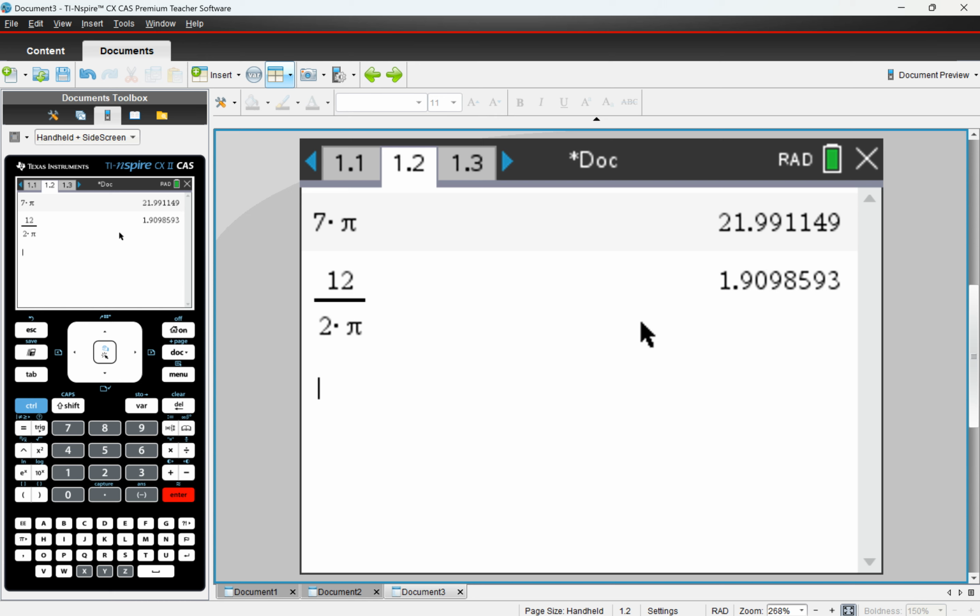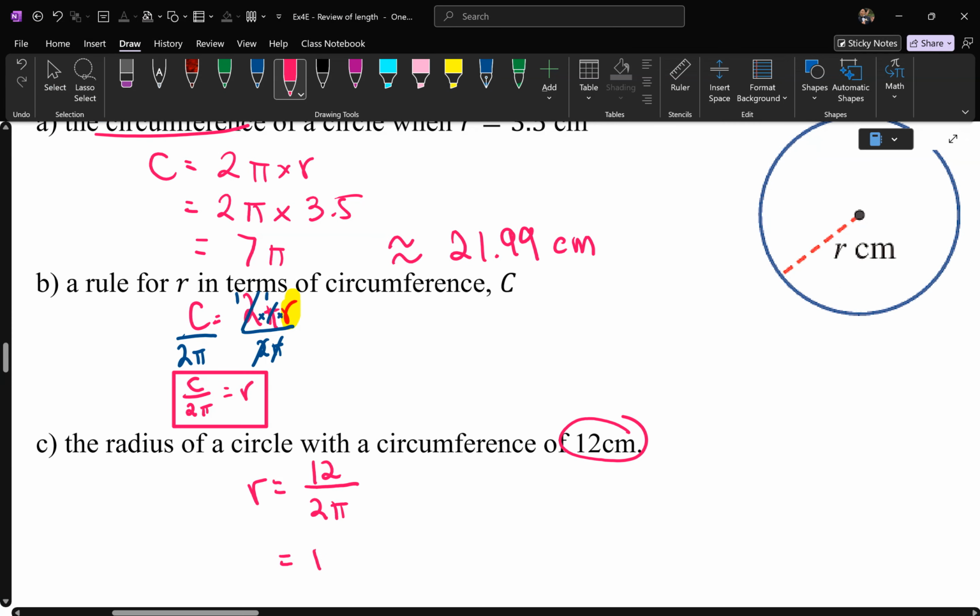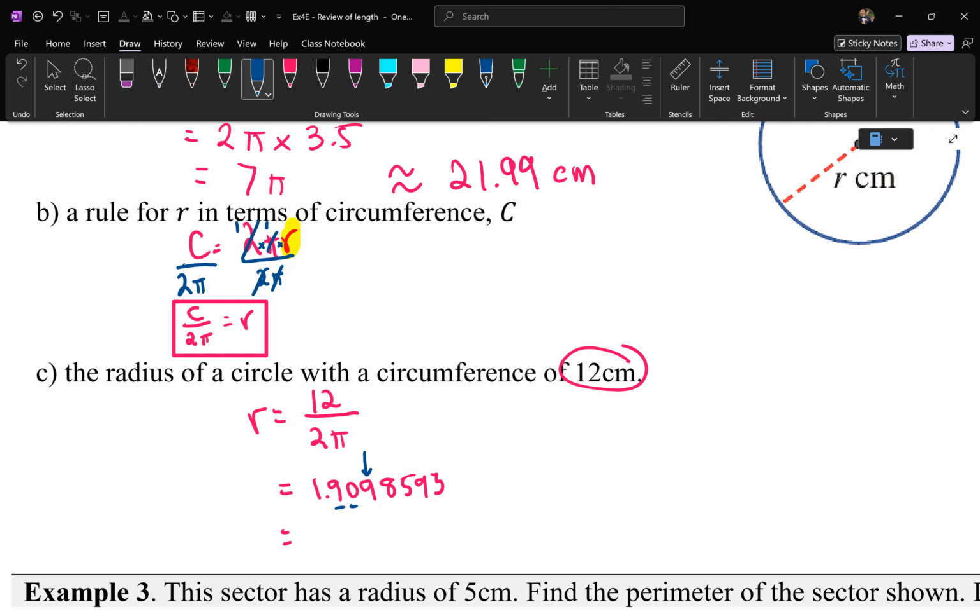So the answer is not 1.909. What is it again? It was 1.9093. The answer is rounded to 2 decimal places, keeping the first 2 digits, but check the next one. If it's 5 or more, you got to round up the last digit. In this case, it is the 9, so hence it's 1.91.